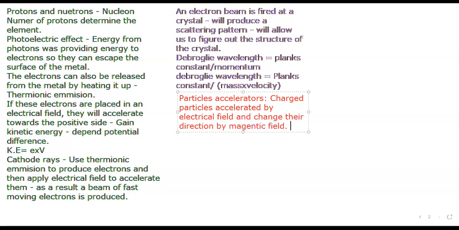Now, let's go over the different types of accelerators that we actually are going to be talking about, right? When we go ahead and we talk about our particle accelerators, one of the simplest sorts of accelerator that we use is a linear accelerator. Okay. A linear accelerator.